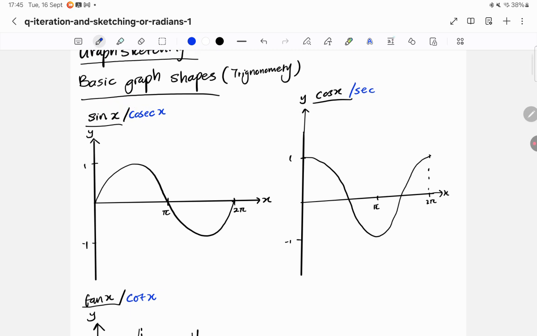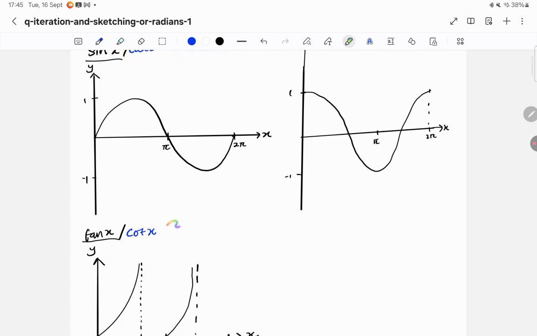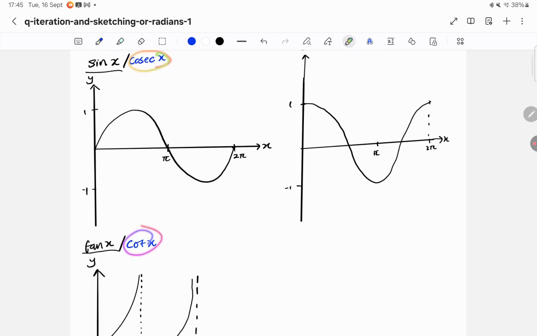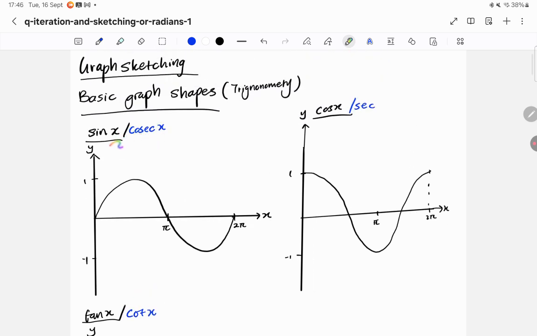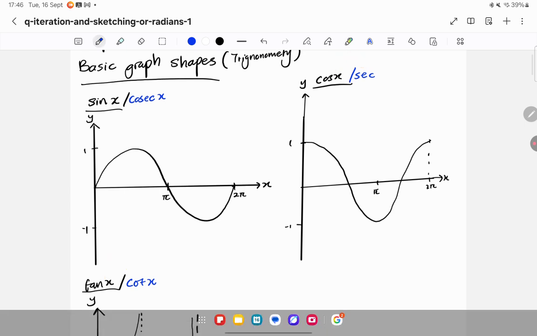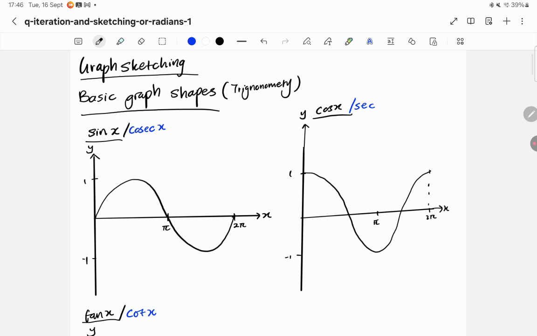For example, they ask for cosecant graphs, which is 1 over sine x, secant graphs, 1 over cos x, and cotangent graphs, which is 1 over tan x. The reason I didn't draw these graphs separately is that you don't have to memorize them. All you have to do is map from sine x to cosecant x, cos x to secant x, or tangent x to cotangent x. That makes it much easier and less of a burden for you.